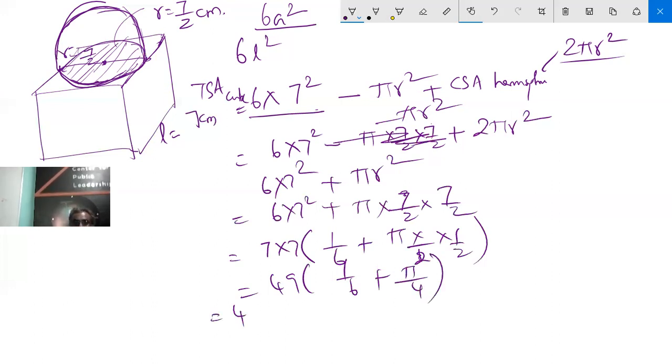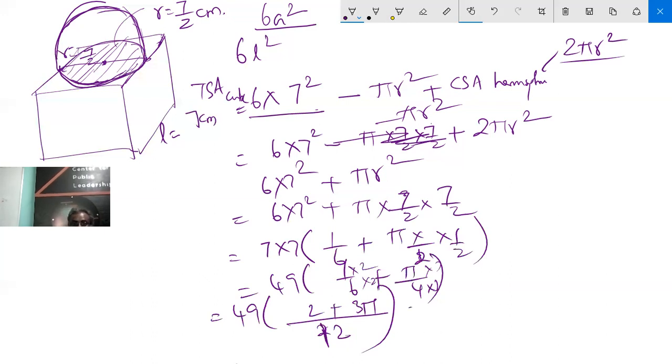Take 12 as the LCM: 49 by 12 into 2 plus 3 pi. That will be the answer with pi.